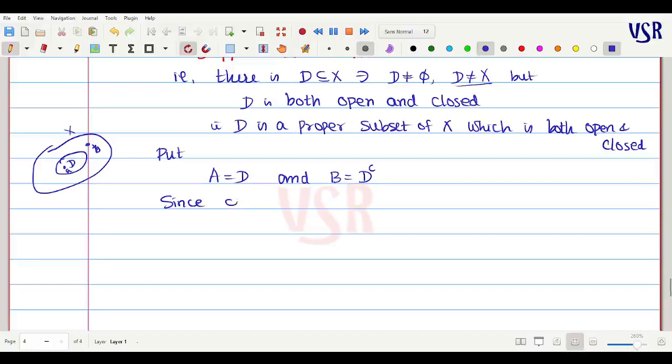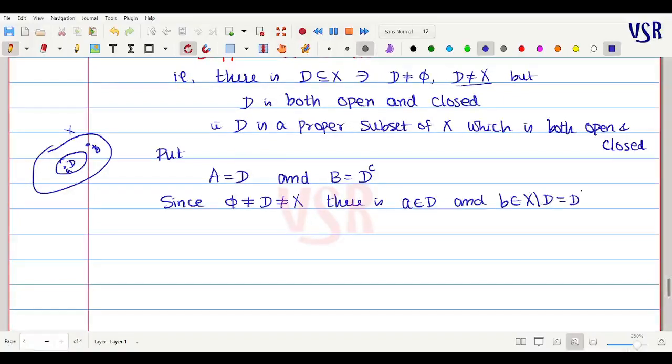D is not equal to X. This is X, this is D. Since D is a proper subset of X, there will be an element outside D. Since D is not equal to empty and not equal to the whole set, there is a belongs to D and b belongs to X but not to D, so it is in D complement.